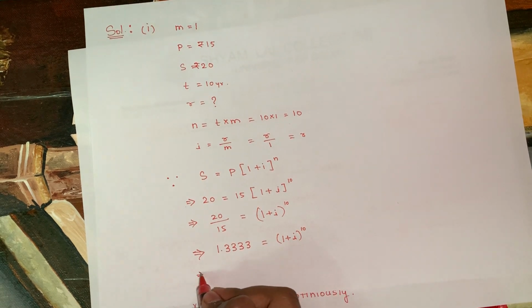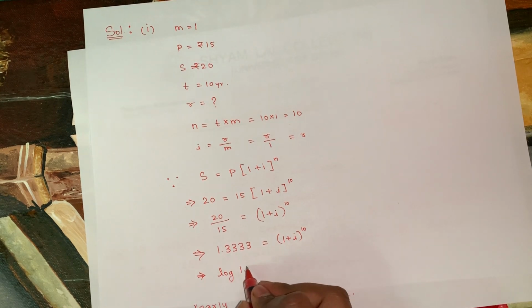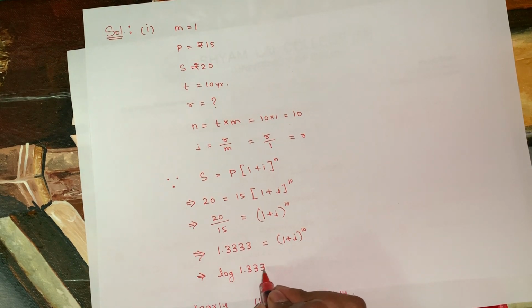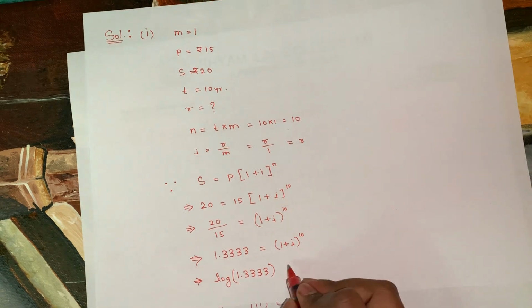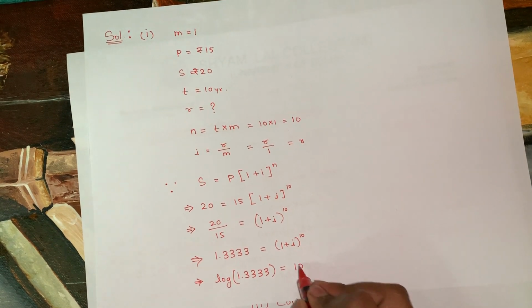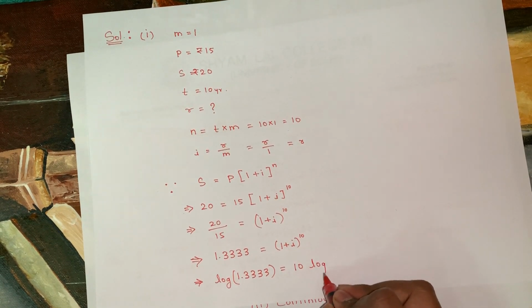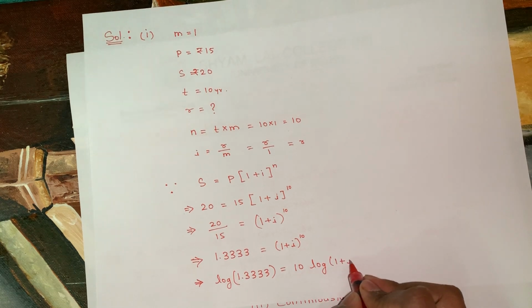Now we take log on both sides. So this becomes log 1.3333 equals 10 log(1 plus i).